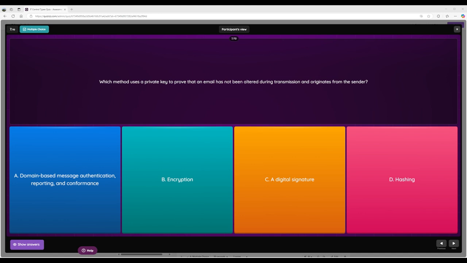So it does two things, right? That nothing has been tampered with, that's integrity. And it also identifies that, okay, this email is from who it says it's from. So the answer is digital signature, which ensures integrity. Make sure that nothing is altered with.